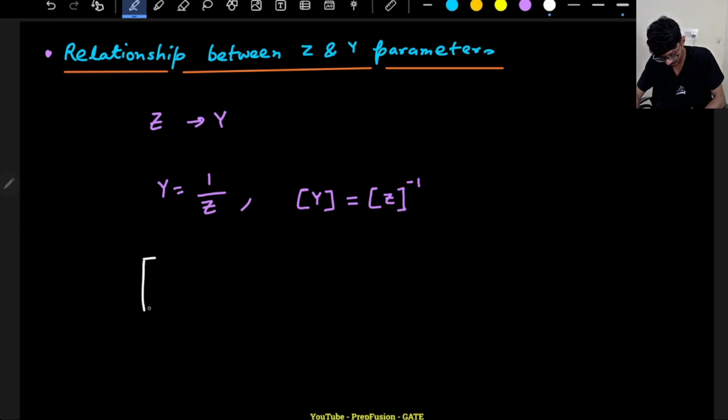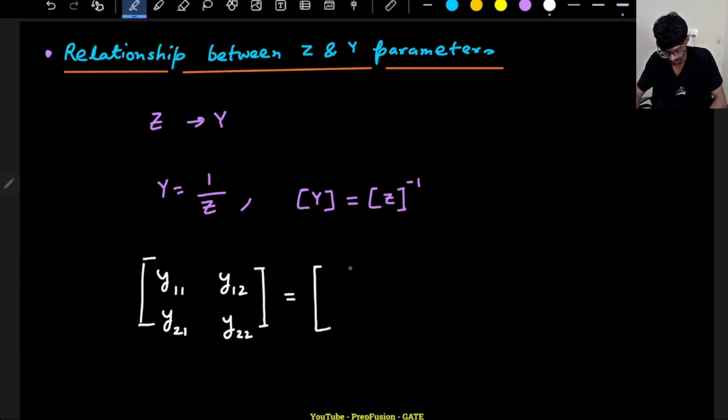This will be y11, this will be y12, this will be y21, this will be y22, and again the inverse is very simple.